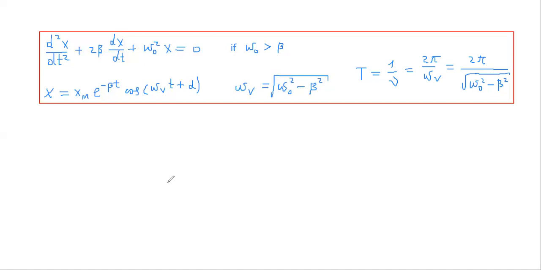Okay, maybe let's try to build a graph of this dependence. I'll draw a coordinate system in this way.